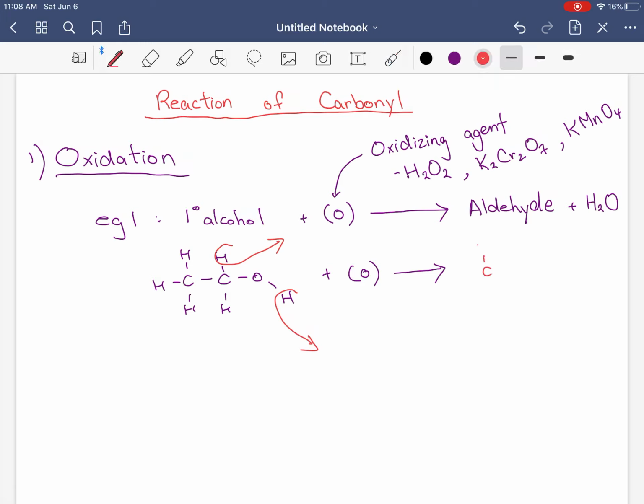So what you're going to have here is this, which of course is acetaldehyde plus water. These two H's are going to somehow grab an O from the oxidizing agent. This carbon right here, missing a bond, wouldn't mind bonding with the oxygen, creating an aldehyde configuration. So that's what a primary alcohol does.